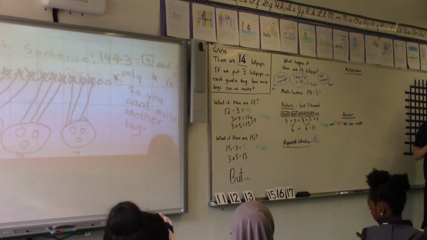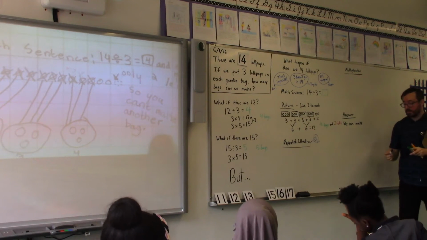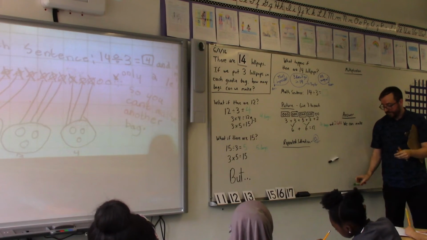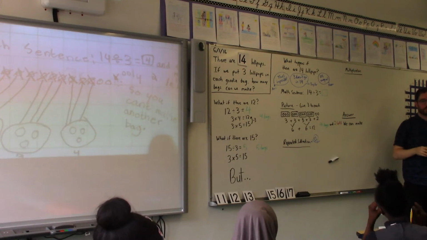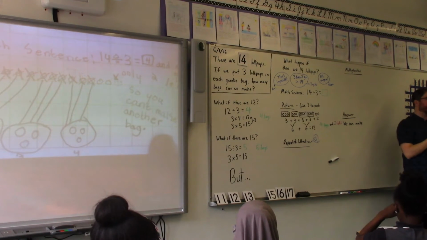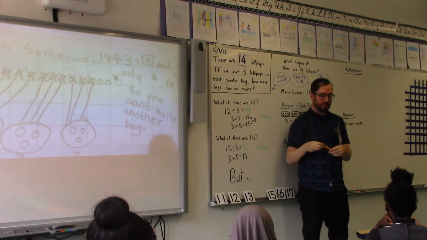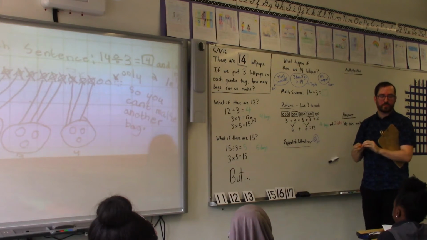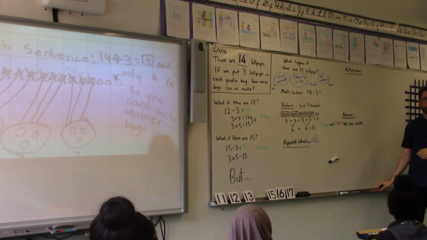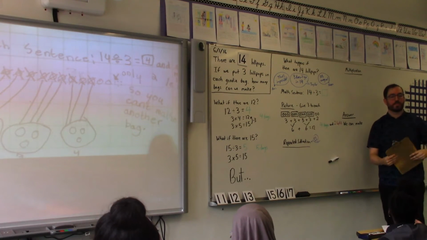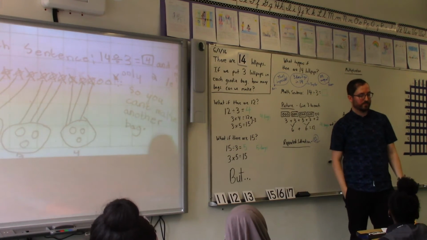Josh, quick. I think I have an idea of how many lollipops there are. Oh, how many lollipops are there? I don't think it's 14. There's one missing. I think it's 15 since there's only 1 missing, and that will make 5 bags.